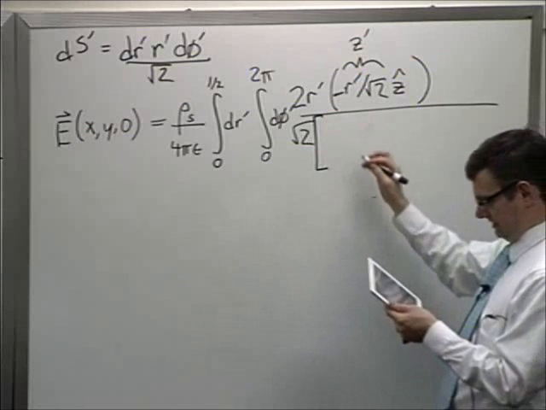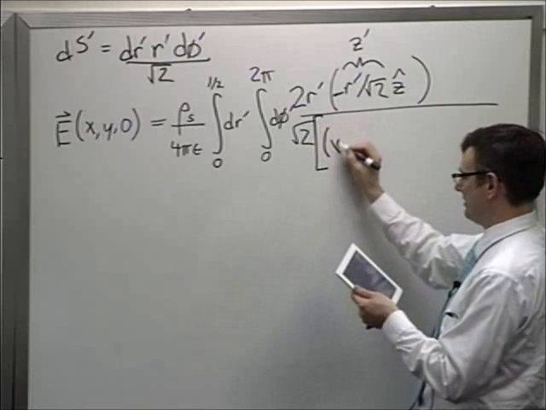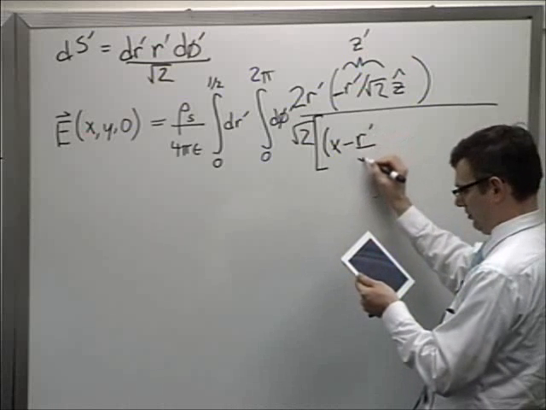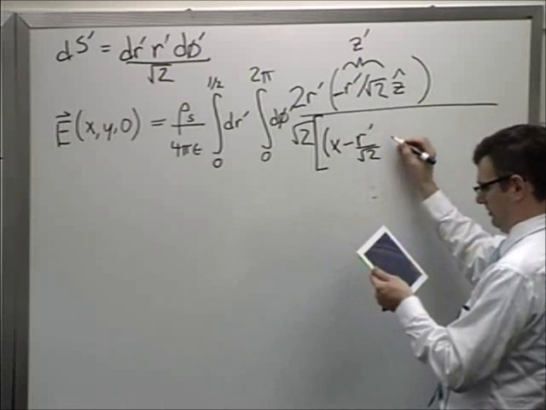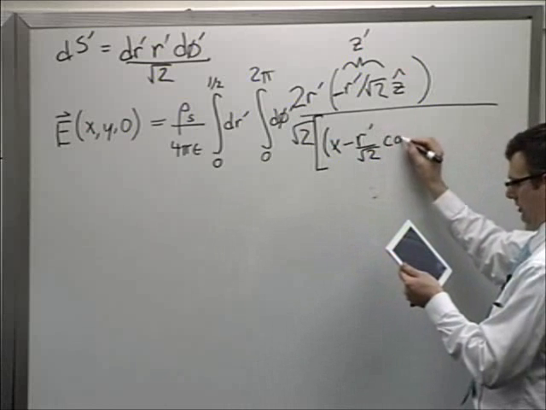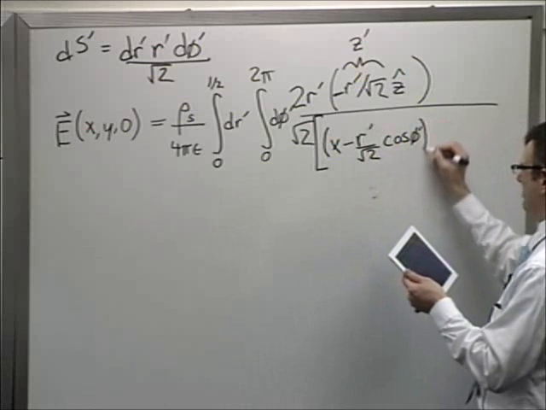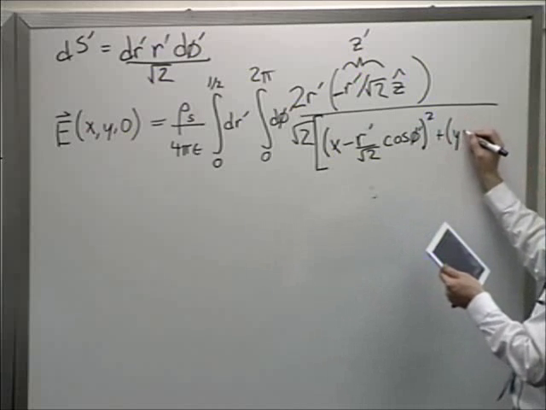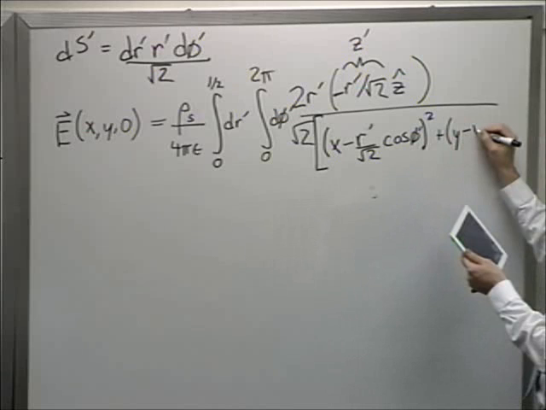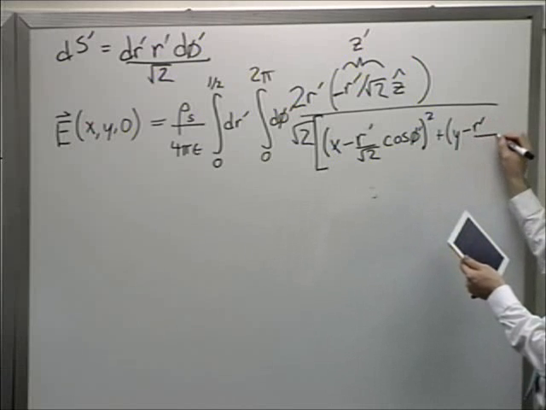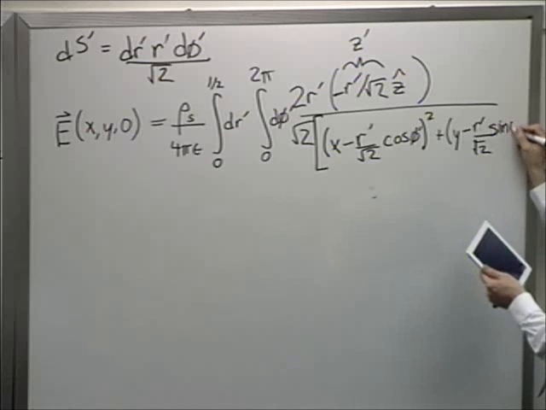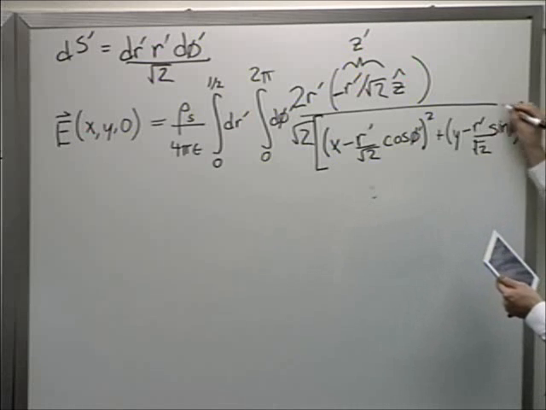And then in the denominator, I got all this other stuff. I've got x minus r prime over the square root of 2 cosine phi prime squared plus y minus r prime over the square root of 2 sine phi prime quantity squared.